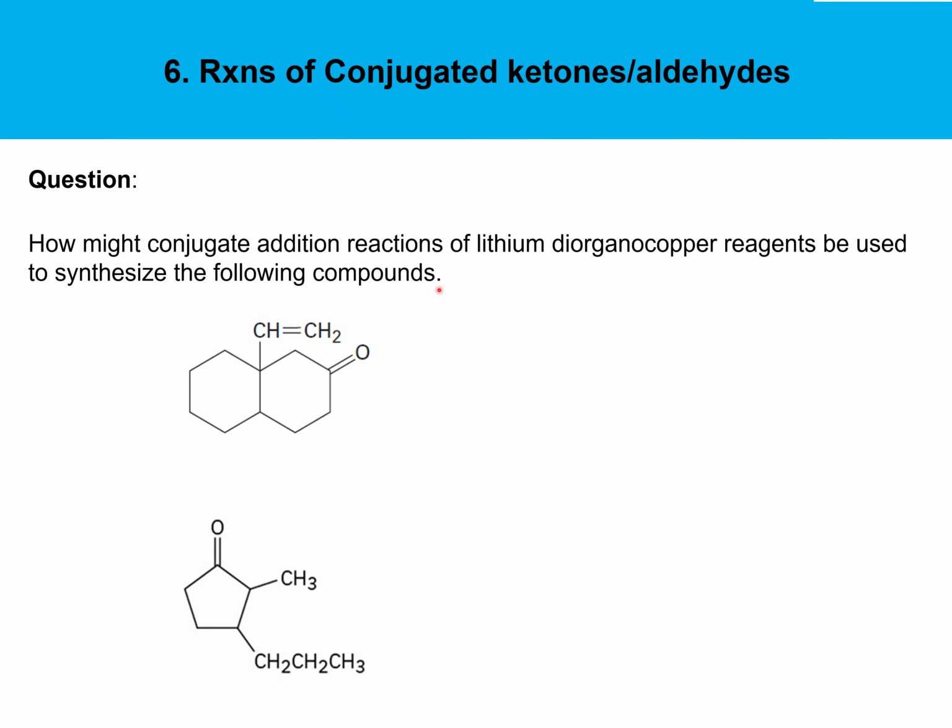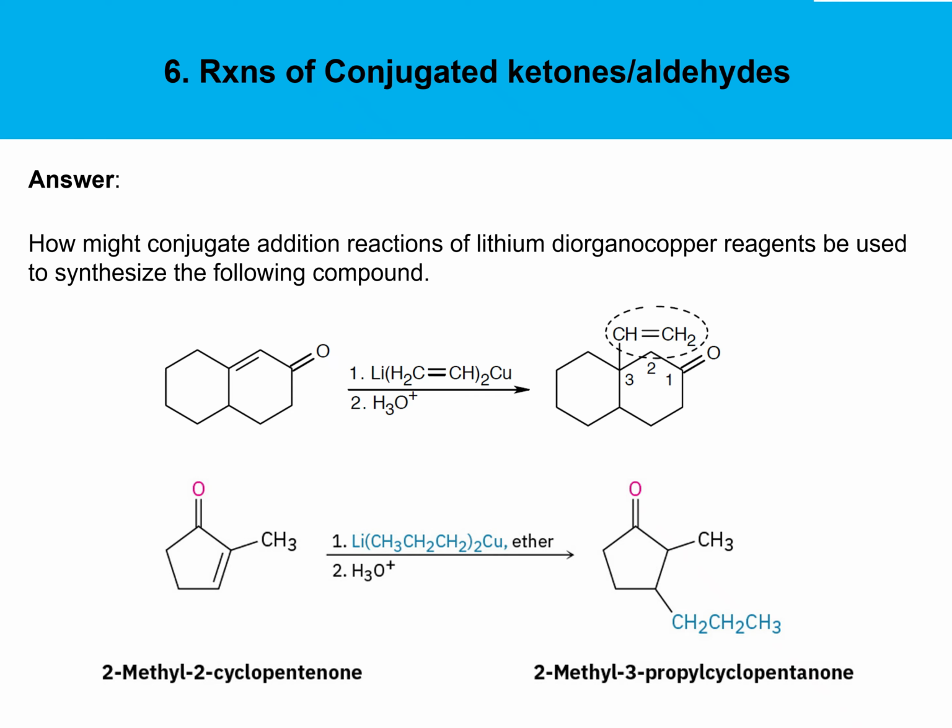In this question, we want to predict which lithium diorganocopper reagent or which Gilman reagent we want to use, as well as which alpha beta unsaturated carbonyl we want to use in order to synthesize these two compounds that you see here.